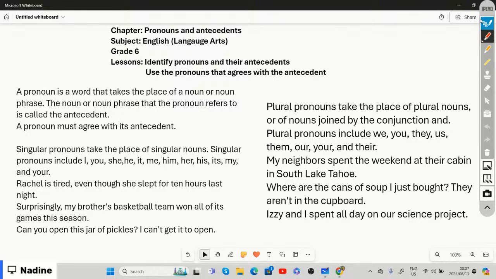So, like we said, we have our singular pronouns, and then we also have our plural pronouns, right? Singular pronouns take the place of singular nouns.